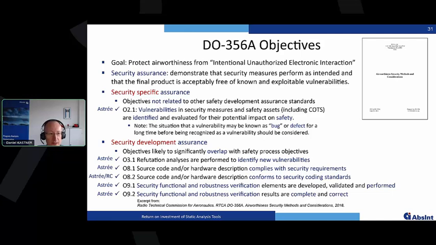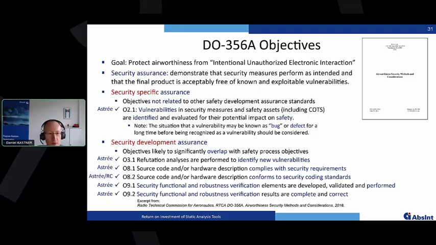So basically, security assurance has to be performed, and the corresponding verification objectives are listed here. In this group, we have objectives which are really specific for the security process. Here we have objectives which might be shared with the safety process.